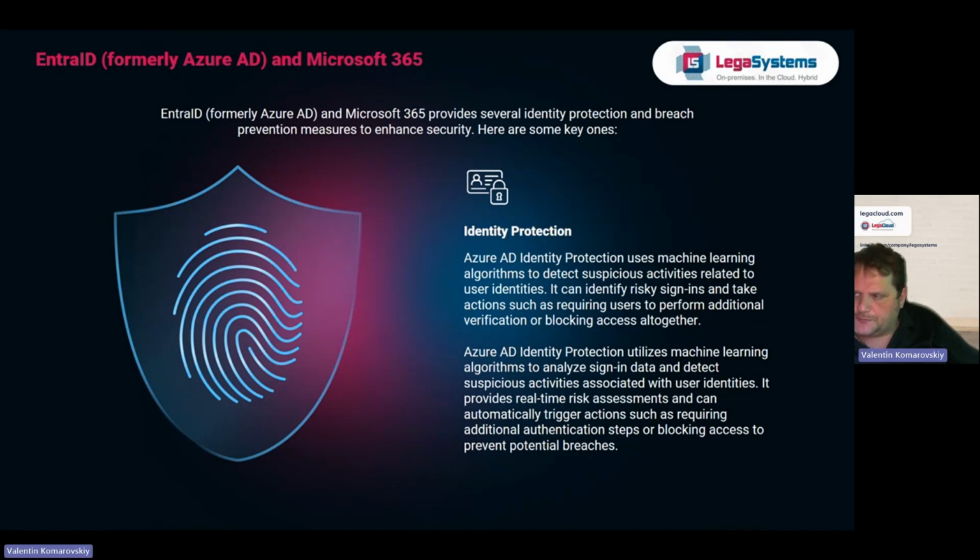Identity protection is a feature of Entra ID that uses machine learning algorithms to detect suspicious activities. And that could be brute force attacks, new locations, risky locations, risky known IP addresses, a combination of suspicious activity from a user.